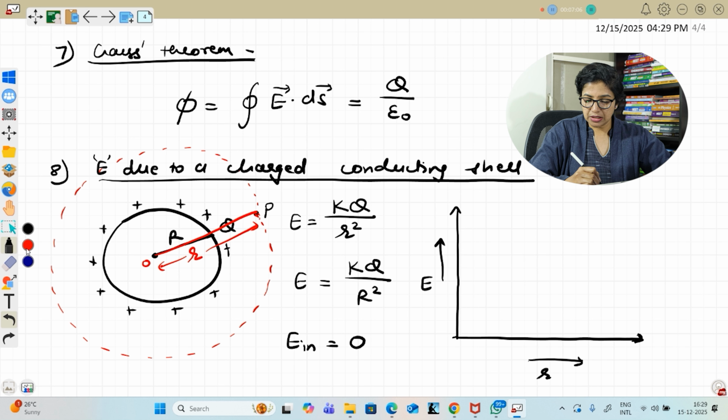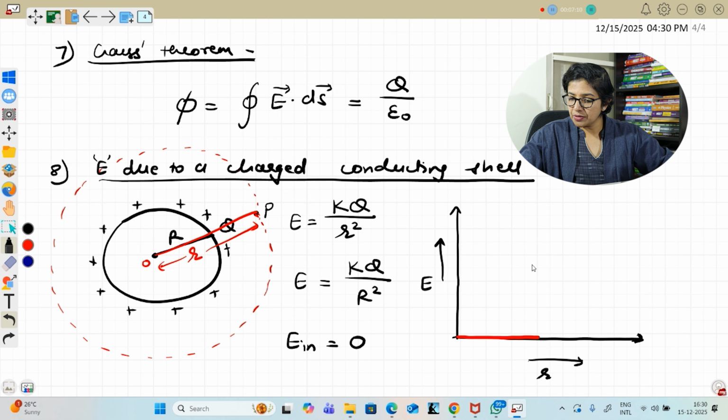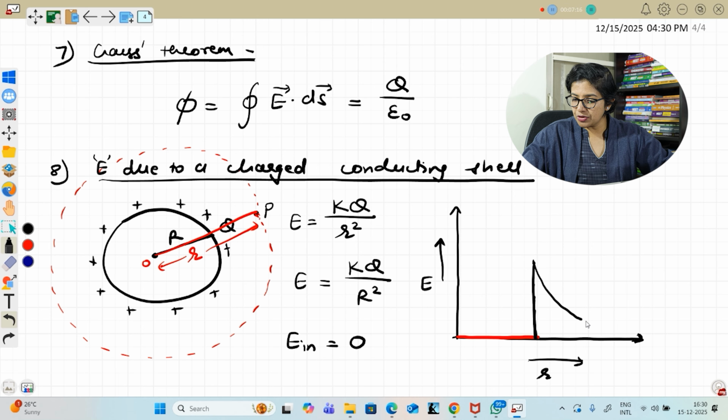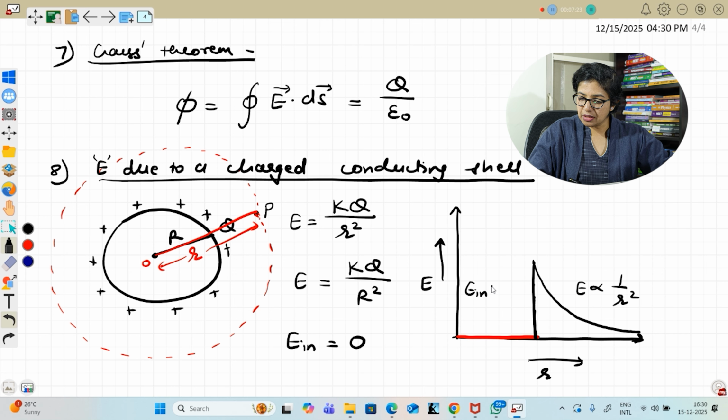Inside the shell it is 0 up to radius r, then it is maximum on the surface, and then it is inversely proportional to r square. E inside is 0.